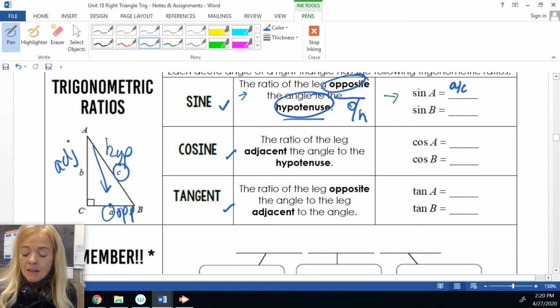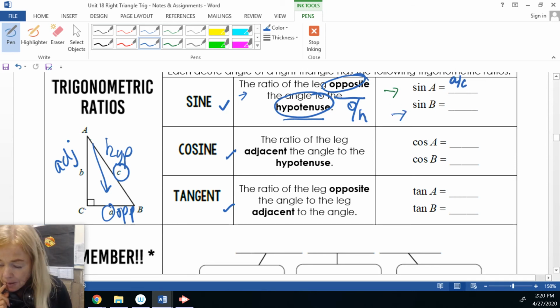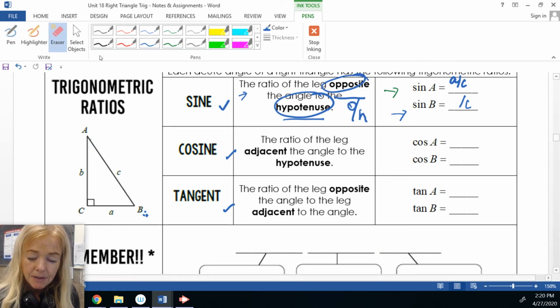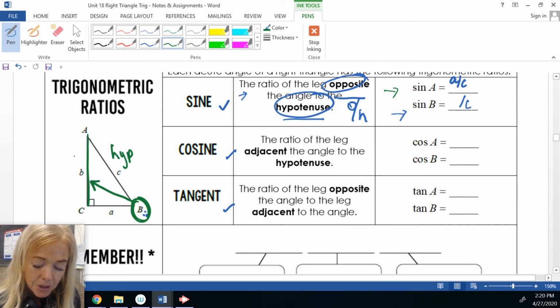Now, opposite over hypotenuse of sine B: hypotenuse is going to be c still. So whatever it is, it's going to be over c. But B here, all of a sudden, has a different opposite and adjacent, although the hypotenuse is still there. When we're looking at B, opposite is now this leg, which is b.